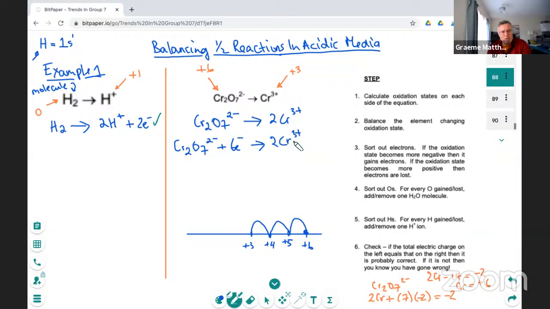Got to balance the oxygens. Now, the way you balance the oxygens is by adding water to the other side. So if I've got 7 oxygens on this side, I would need 7 waters on this side.